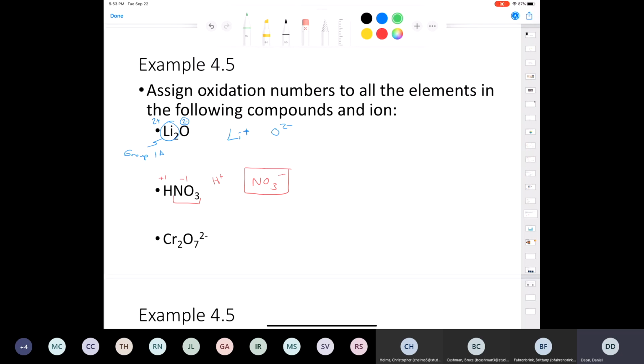Now, oxygen usually has a charge of -2. So if it's 2- and there's 3 of them, -2 times 3 gives you -6. So what must the oxidation number of nitrogen be if the total charge of the ion is -1? Can anybody answer that? What plus -6 gives me -1?